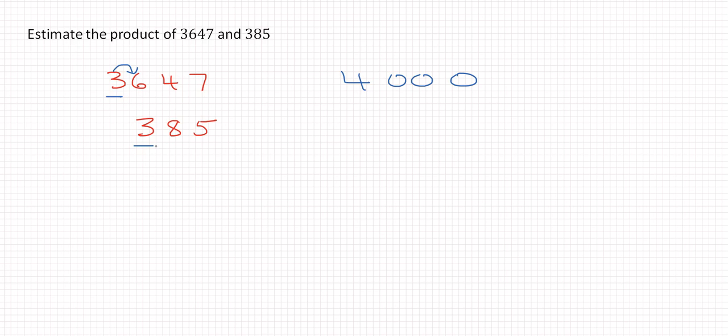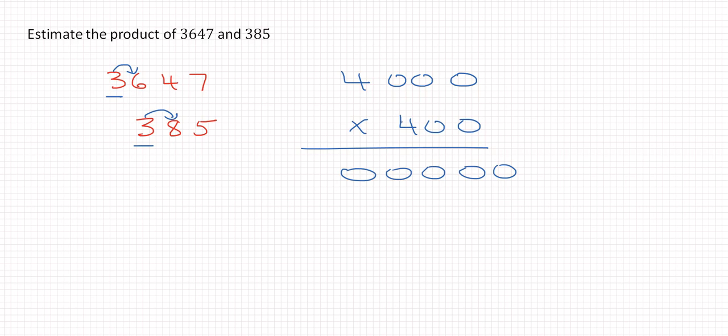And then we look at 3 here. We look to the right. It's 5 or more. We round up to 400. And then we multiply. So 1, 2, 3, 4, 5. 5 zeros. And then 4 multiplied by 4, we have 16. So that's our estimate.